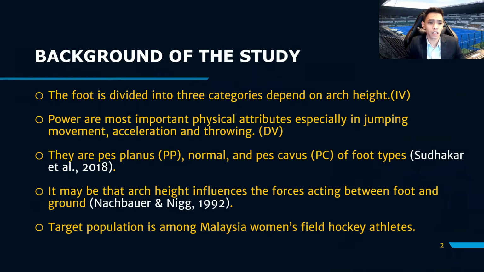For the background of the study, my independent variable is the foot, which is divided into three categories depending on arch height. Next, my dependent variable is power. Power is one of the most important physical attributes, especially in jumping, acceleration, and throwing.